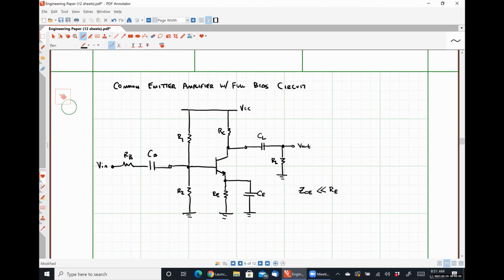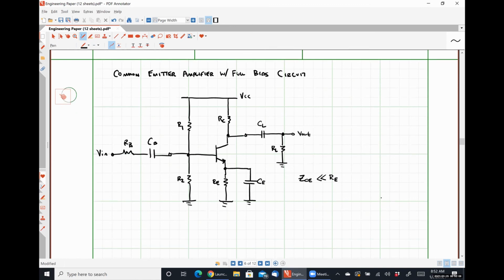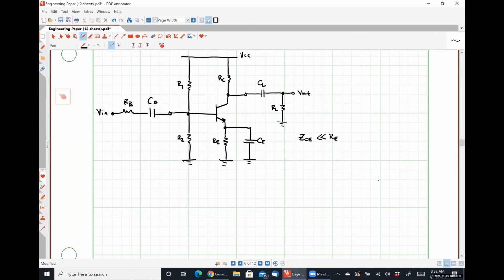It looks way worse. Okay, I definitely agree with that. So let's redraw it so it doesn't look as bad. Let's call this representation a simplified small signal circuit.